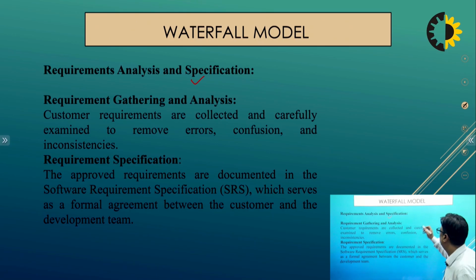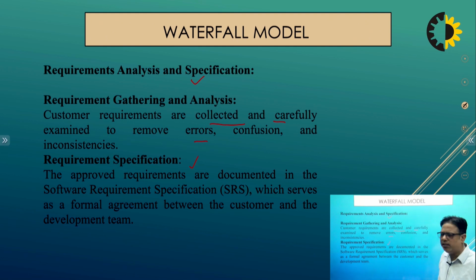The software development team organizes workshops, provides questionnaires, and organizes one-to-one, person-to-person meetings between the developer team and customers. So we collect all the requirements needed by the customers. Customer requirements are collected and carefully examined to remove errors, confusions and inconsistencies.